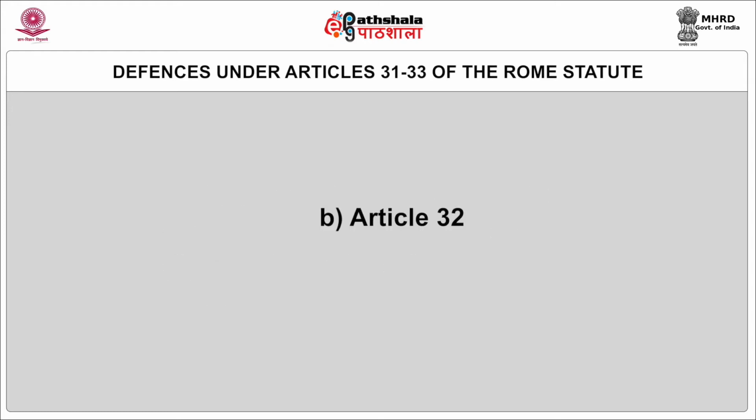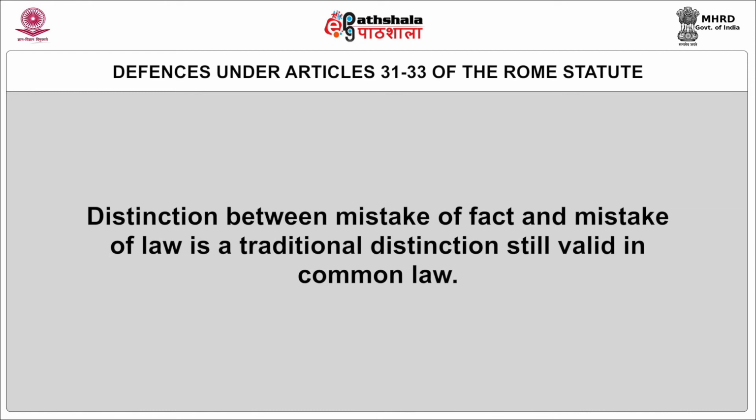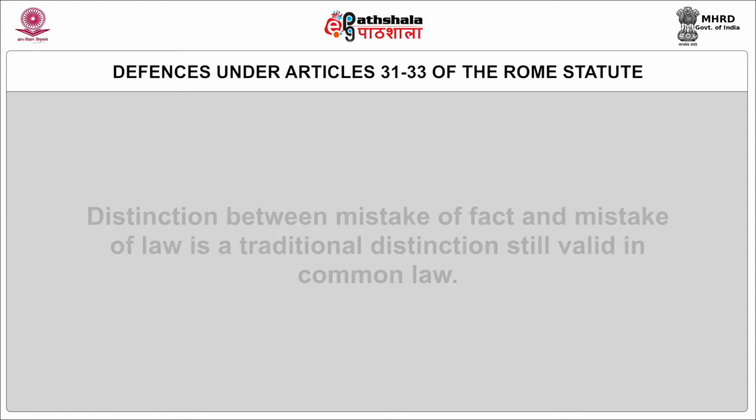Let us now come to Article 32. Article 32 of the Rome Statute is based on the defense of mistake of fact and mistake of law. There is an important distinction between mistake of fact and mistake of law in a traditional sense. This distinction is still valid in common law. It has been codified, for example, in the Indian law of contracts as well as in Indian criminal law.